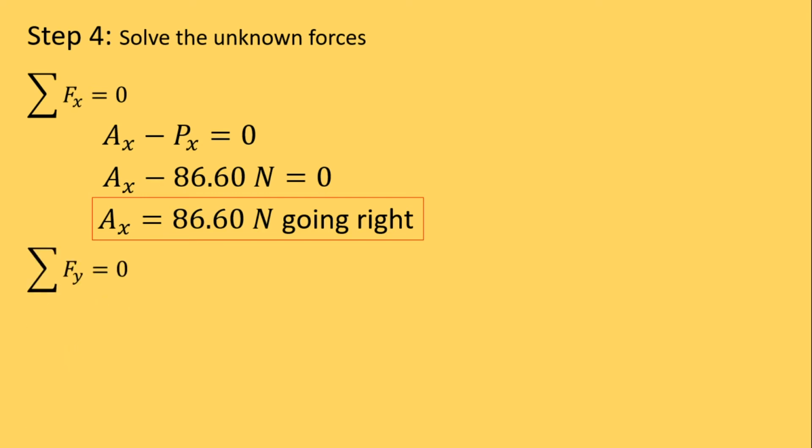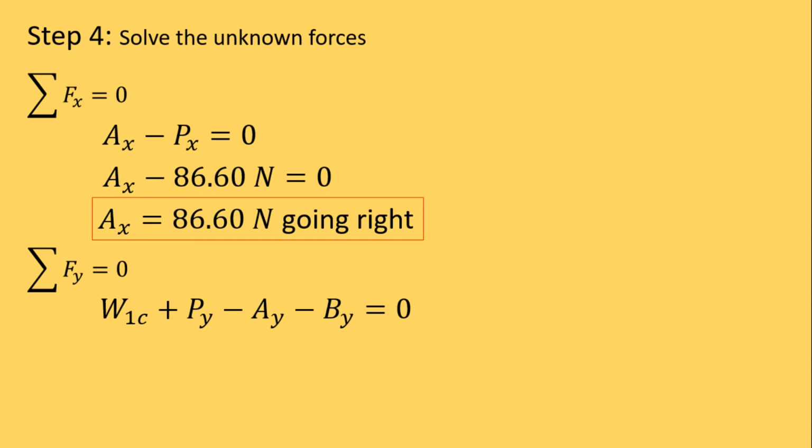So for the summation of forces Y, or the vertical forces, this should also be 0. So we have 4 forces acting vertically. Meron tayong dalawang downward, which is yung converted concentrated load natin, W1, and then yung vertical component ng ating P, which is the Py.